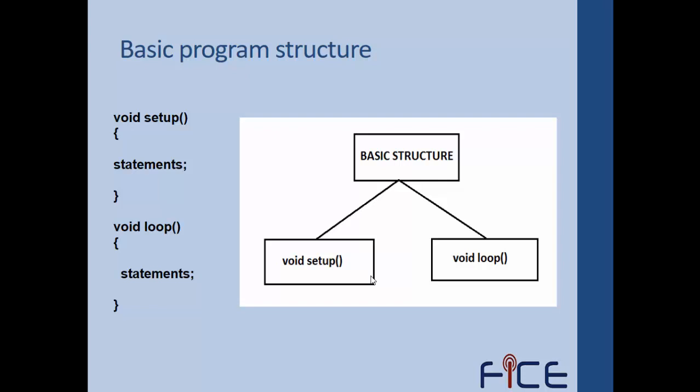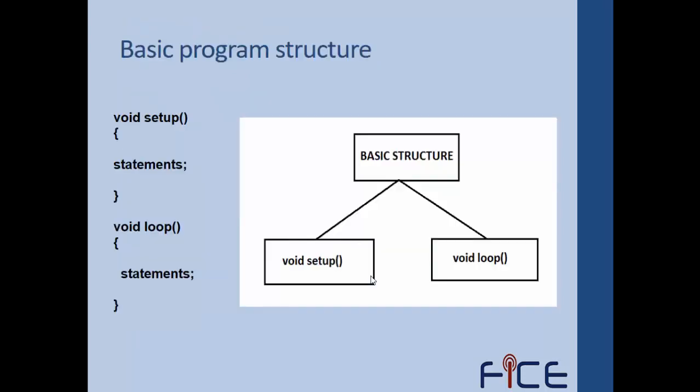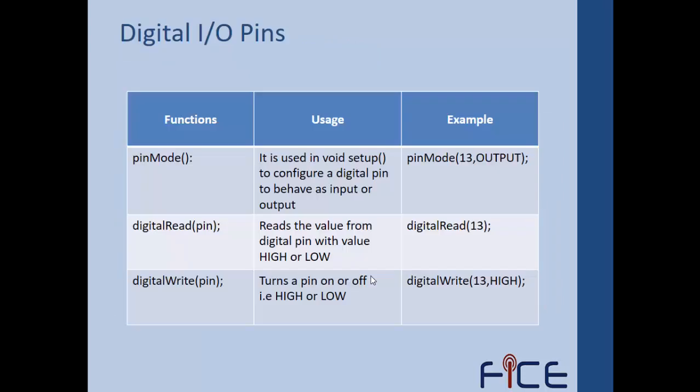Whatever you want to execute continuously, like displaying something on the screen, is to be written in void loop. So whatever instructions we want to execute only once go in void setup, and whatever we want to execute again and again continuously go in void loop.